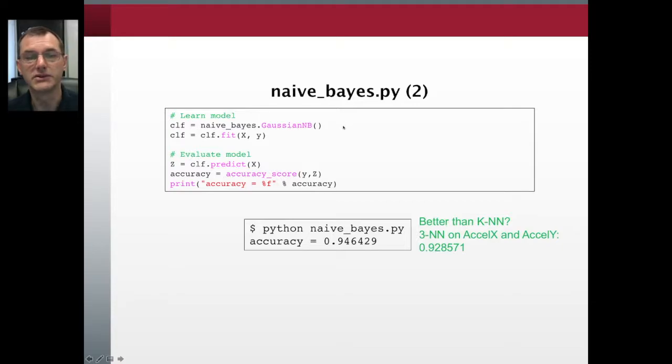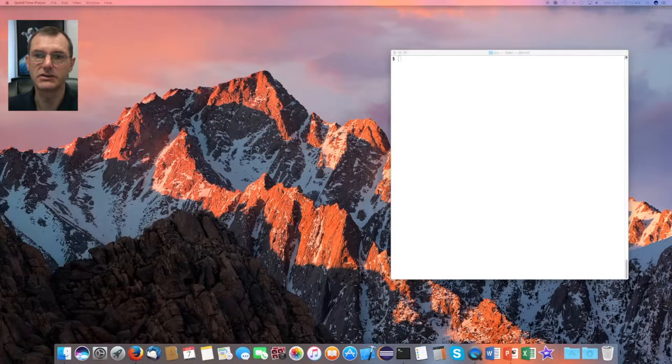But there are other choices like Bernoulli or multinomial if we have, say, Boolean or discrete nominal values. But since the features are all numeric, Gaussian is the appropriate choice here. So after we fit the classifier to the data, we then predict on the same data using this classifier, compute the accuracy score, and then output it. So let's go ahead and see this in action.